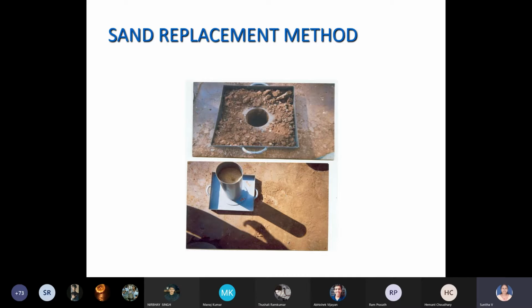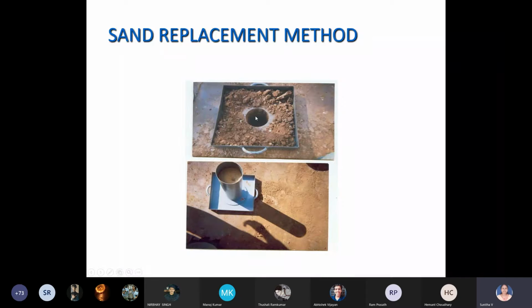What are you finding? You are finding the field density. For finding the density, you should know the weight and the volume. The weight you can get directly if you dig a hole like this and collect the soil from it. To get the correct volume, you use this standard sand.